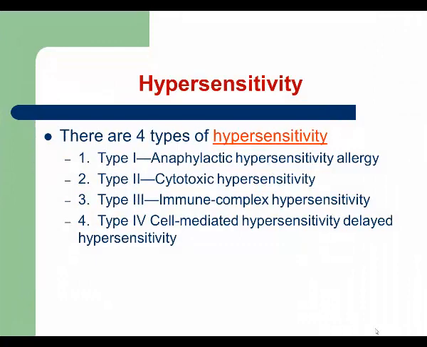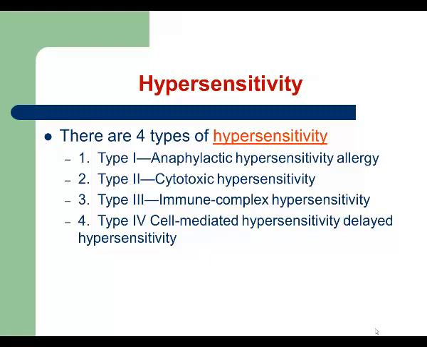And we start with hypersensitivity reactions. There are 4 types of hypersensitivity reactions we have to know. Type 1 is called immediate type or anaphylactic hypersensitivity, or this is what we call allergy in everyday life. Type 2 is called cytotoxic hypersensitivity.